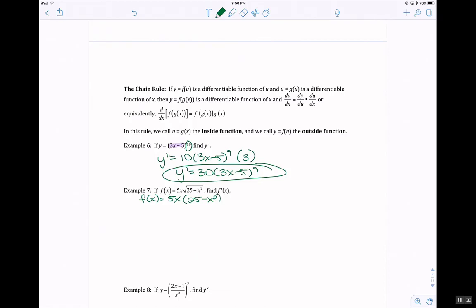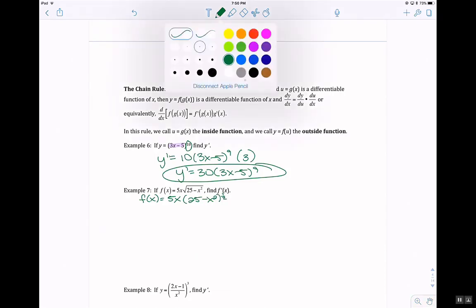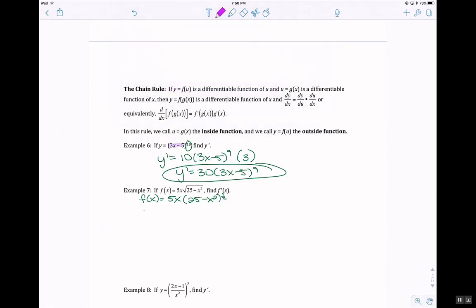So my derivative, f prime of x, is equal to the second, which is (25 minus x squared) to the 1/2, times the derivative of 5x, which is 5, plus 5x times the derivative of my (25 minus x squared) to the 1/2, so bring the 1/2 down, (25 minus x squared) to the negative 1/2 times negative 2x.